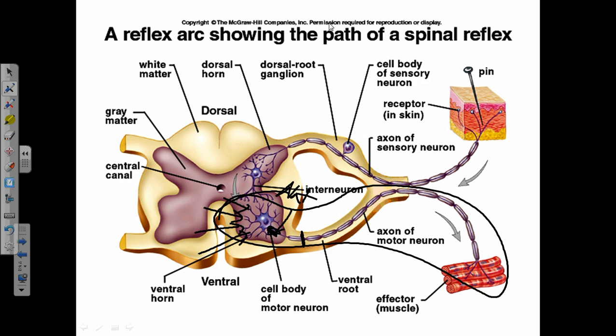It causes them to open, which makes the voltage go up, which causes what to happen at the next node? They open, and it's like a domino effect. But the signal doesn't have to go through the whole nerve. It's jumping from what? Node to node to node to node to node, which makes it fast. That kind of nerve conduction is called saltatory conduction.